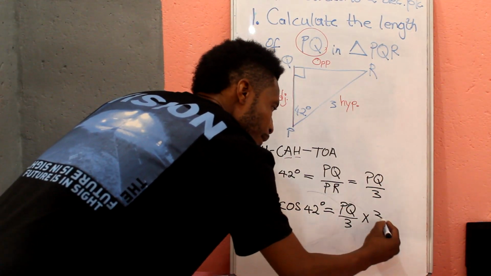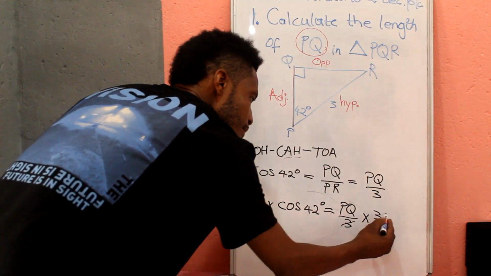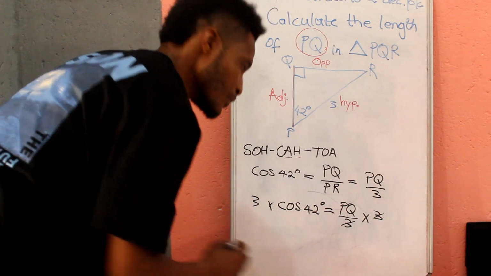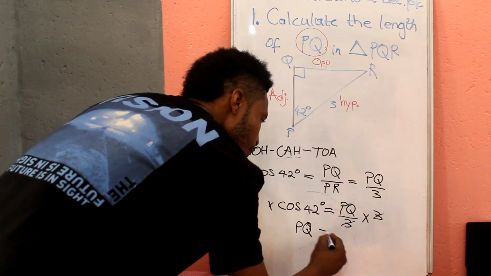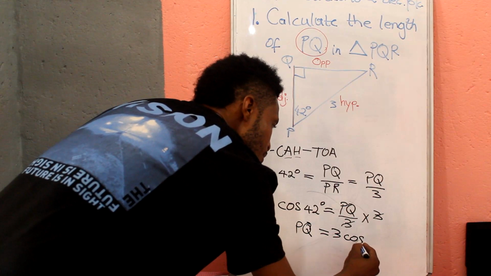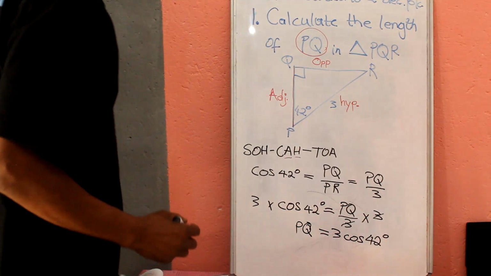Multiply both sides by 3. This 3 cancels that 3. That leaves us with PQ being subject of the formula. PQ will then be equal to 3 cos 42 degrees.